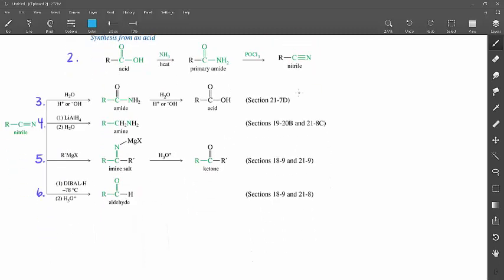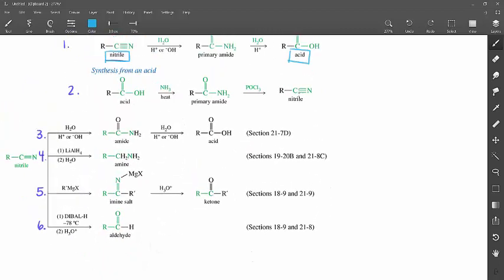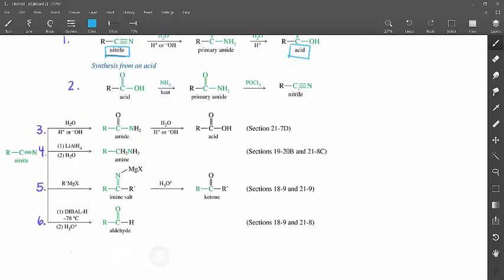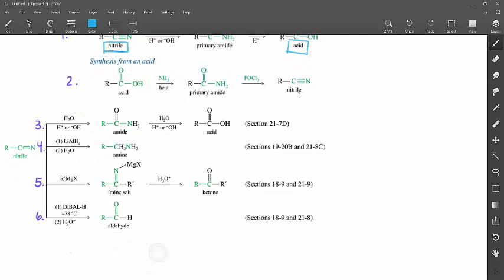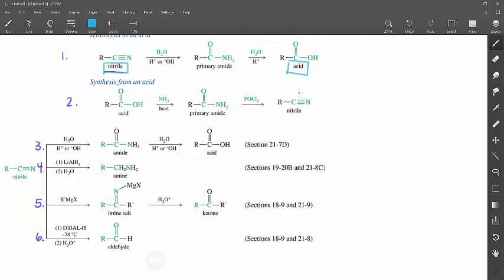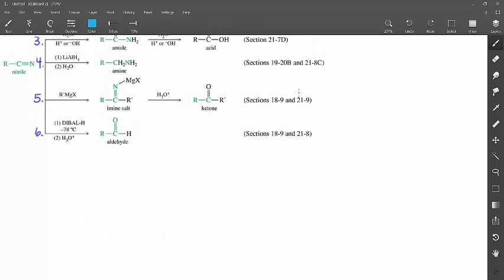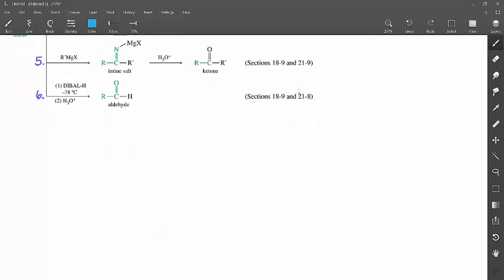Okay, so we're going to start with a nitrile, excuse me. And one thing about not using these generic R's, we get a chance to actually write out some actual reactions.